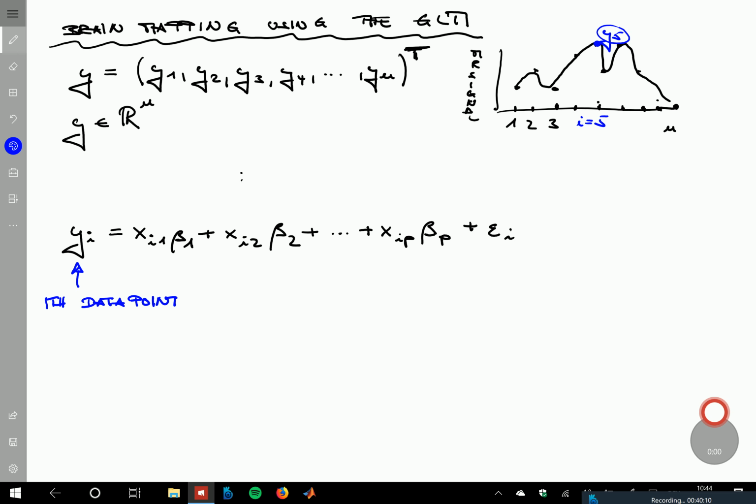So i is an index, and it runs from where to where? Well, if you look at this one, 1 to n. Actually, in the Fourier analysis business, it always ran from 0 to n minus 1. Here it now runs from 1 to n.